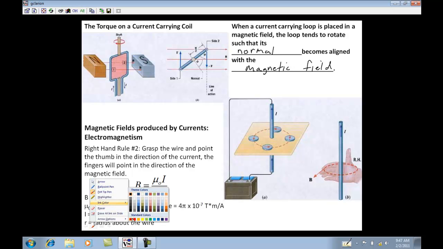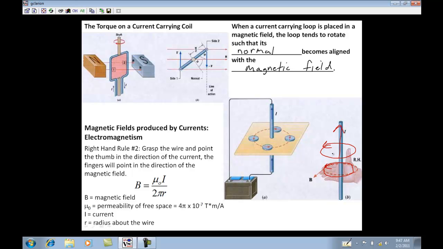If I've got a charge in the form of a current going up in that direction, a current on its own, based off the right-hand rule, produces a magnetic field that goes around the wire. Right-hand rule number 2 says grasp the wire and point the thumb in the direction of the current. The fingers will point in the direction of the magnetic field. It's based off how far you are from the current, so 1 over r is the relationship there.